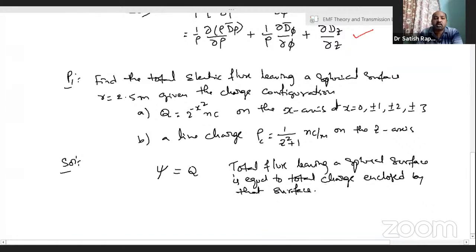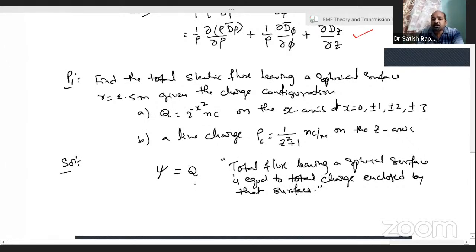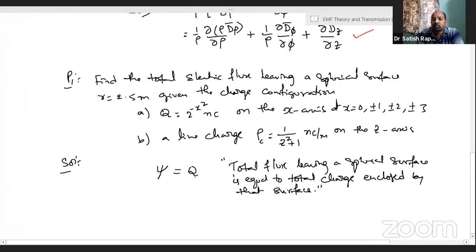So this is nothing but Gauss law. That means psi is equal to Q.